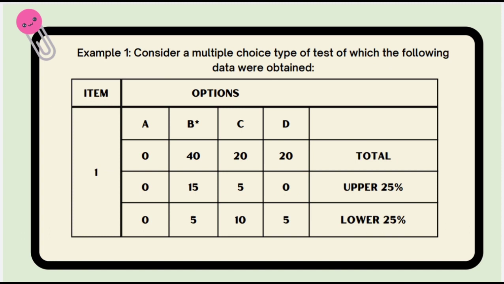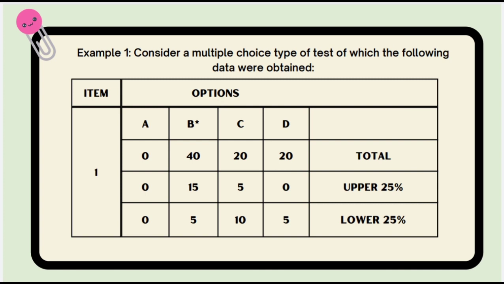So for example number 1, consider a multiple choice type of test of which the following data were obtained. So in item 1, these are the options: letter A, letter B, letter C, and letter D. As you can see, there are 80 total number of students who took the test, and 20 students are coming from the upper group, which is 25% of the total population of students, and another 20 students from the lower group, which is also 25% of the total population.